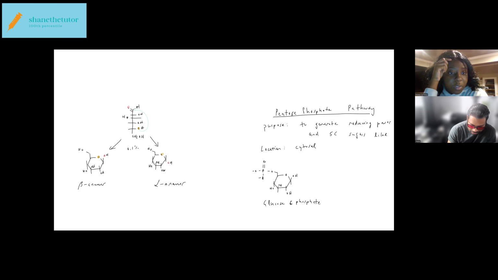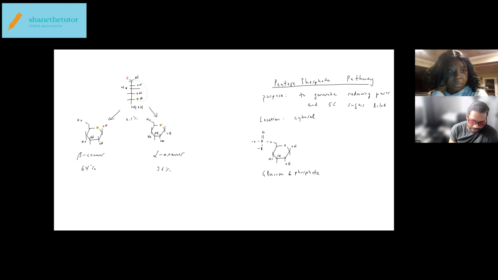Around 64% of the glucose in our bodies is in the beta anomer form, whereas around 36% is in the alpha anomer form. That's because the beta anomer, if you drew it as a chair, has all hydroxyl groups equatorial, as opposed to the alpha, where the anomeric carbon in that case would be axial.